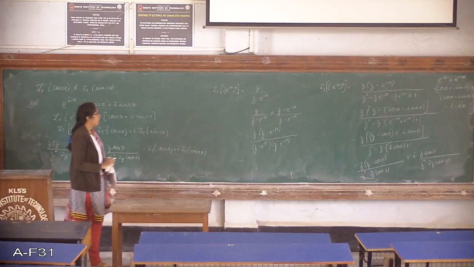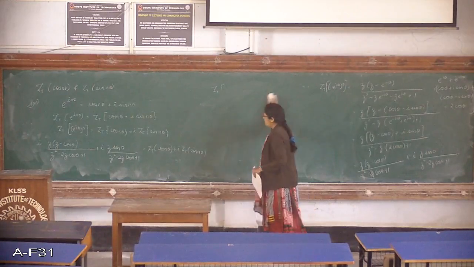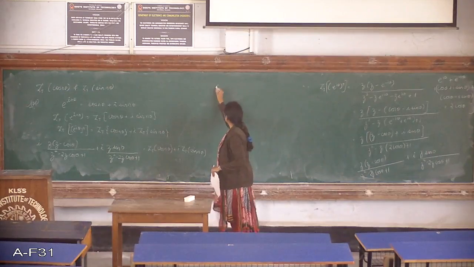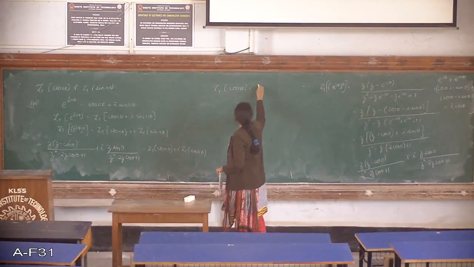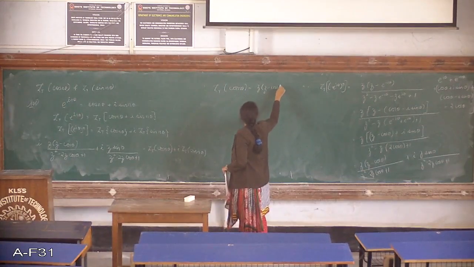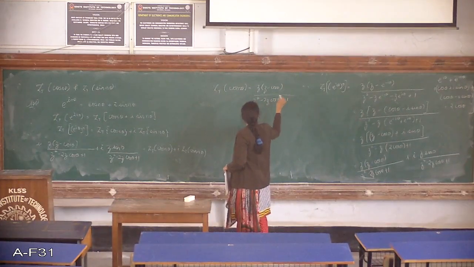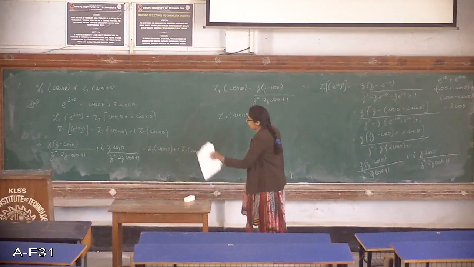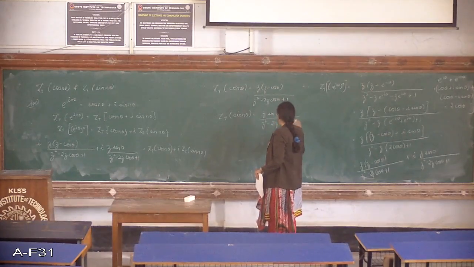And the last step here is to just compare the real and the imaginary parts. So if you can compare the real and the imaginary parts, you can see that z transform of cos n theta, the real part, is given by z into z minus cos theta divided by z square minus 2z cos theta plus 1, and z transform of sin n theta is given by z sin theta divided by z square minus 2z cos theta plus 1.